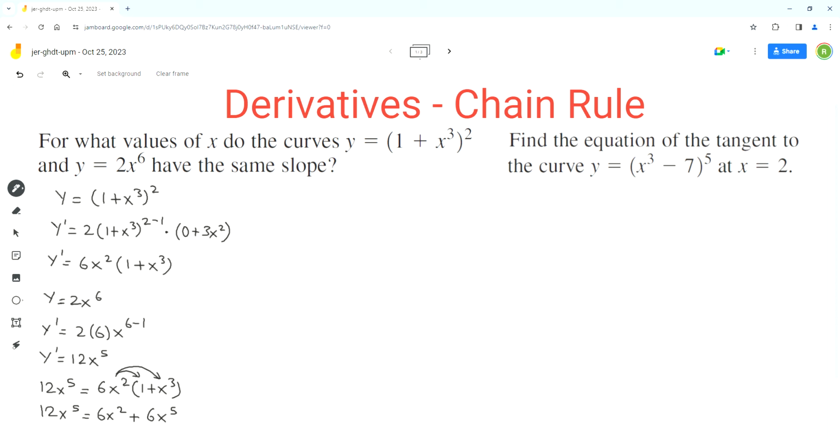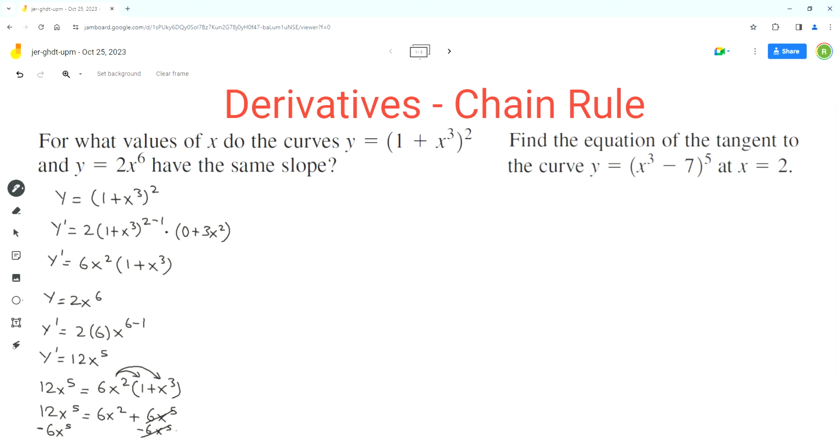Now we can move both of these terms to the left side of the equation. So 12x to the power 5 and 6x to the power 5 are like terms. So we should subtract 6x to the power 5 from both sides. So 6x to the power 5 on the right side will cancel out.